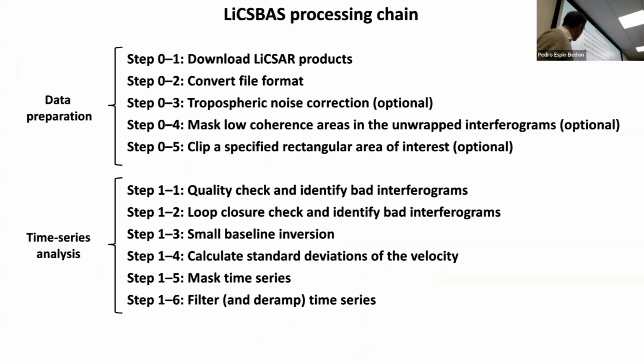For the time series analysis, we have 6 steps: 2 steps for quality check, 1 step for small baseline inversion, then we calculate the standard deviation of velocities, and then we have one step for masking and finally filtering.